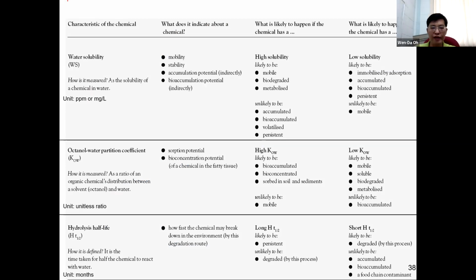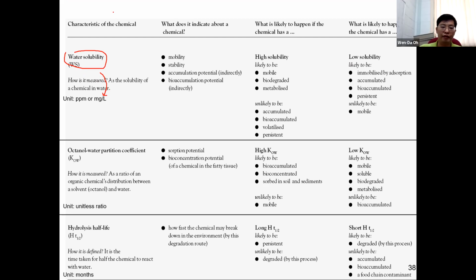Okay, so if I have a pollutant in the environment, right, these characteristics have to be known, okay, because they are very important in determining whether a chemical is toxic or is going to be something that is not of concern. But one parameter will be this water solubility. So this water solubility is measured in ppm and milligram per liter. This is the common unit, right?